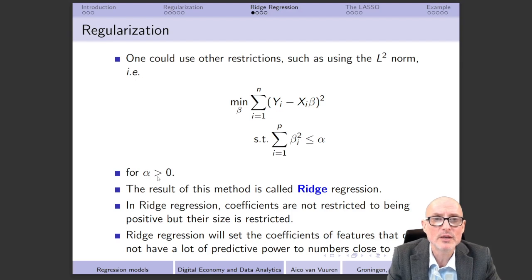Well, if we are going to do this, then we are going to get something which is quite well known in machine learning, and it's called ridge regression.